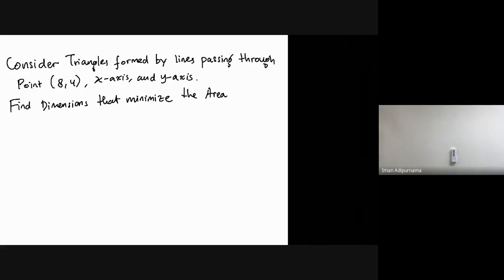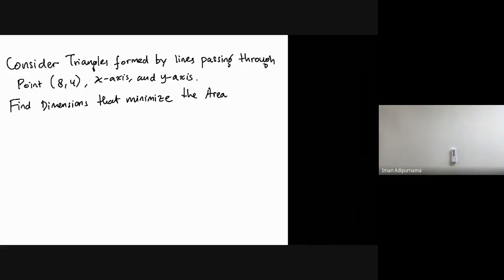Okay, so you have x-axis, y-axis, and you have a line passing through 8 and 4. And the optimization will be the area of the triangle. And you have 8, 4, that should be your constraint.